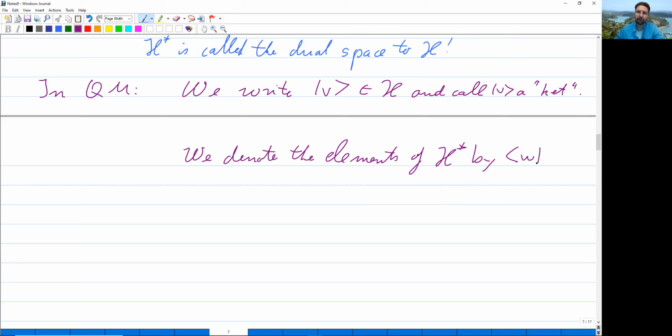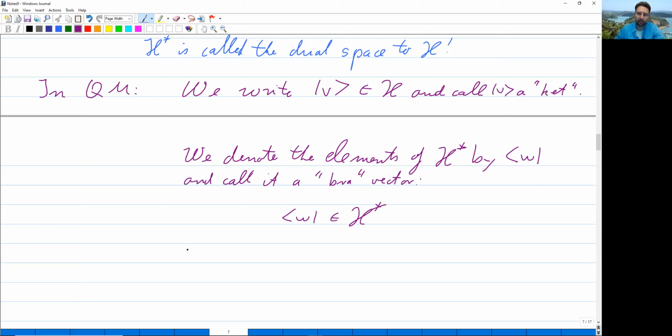We would, for example, write W, and call it a bra vector, such that we have a bra and a ket, and together they form what is called a bracket. So we will write W as an element of H star. This is quantum mechanical notation, and in pure math it wouldn't be written this way.